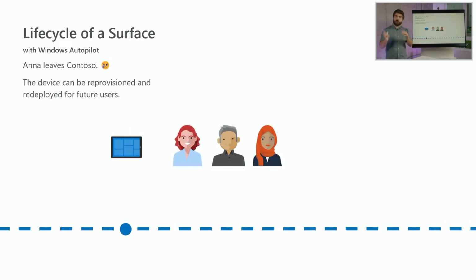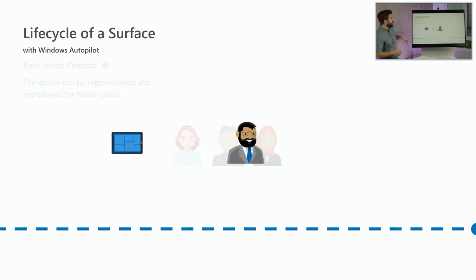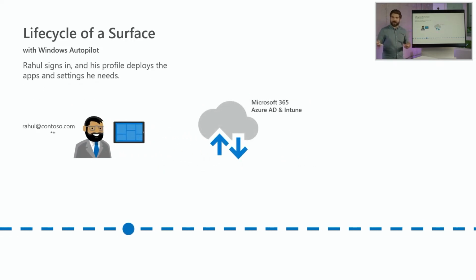Whether she was fired, whether she quits, that's none of our business, but she is no longer employed with Kintoso. From there, her specific device can be re-provisioned and redeployed for future users as many times as necessary. Those new deployment profiles for every subsequent employee at Kintoso or your organization can have their profile deployed to that device, and the device can be utilized for as many people as possible from start to finish until it finally reaches its end user with Raul, who is not fired, who has not quit, and he does have his long, happy career at Kintoso.